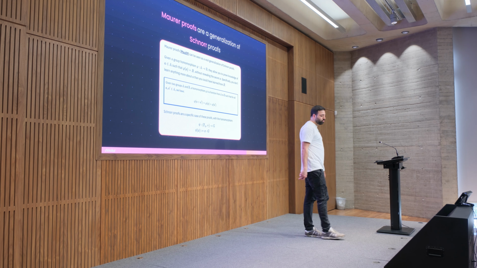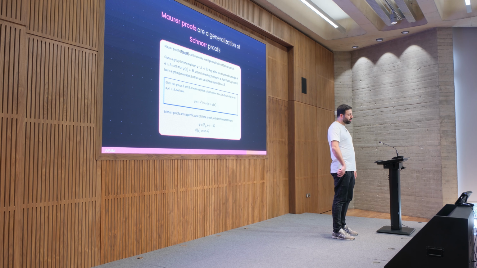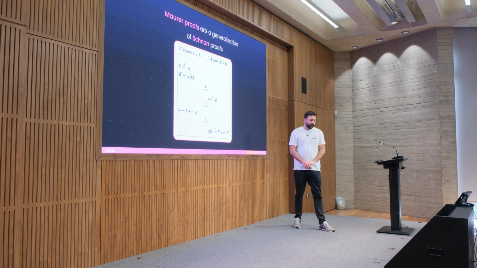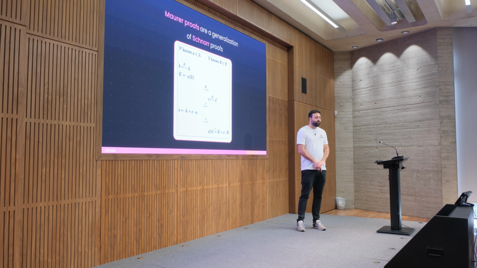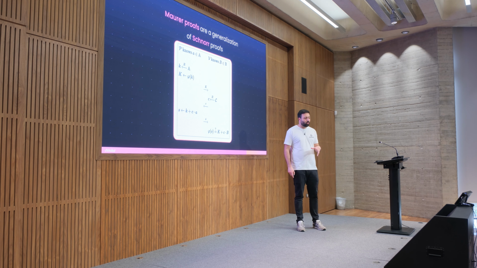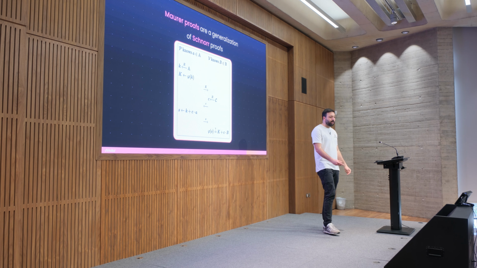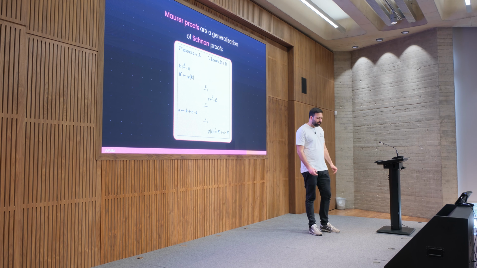And Schnorr is just one where phi of x is x times g. Maurer proofs are a generalization of Schnorr proofs. They work kind of the same way. They just use the homomorphism as the formula instead of the hard-coded x times g.